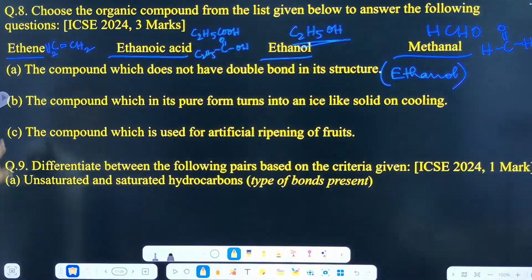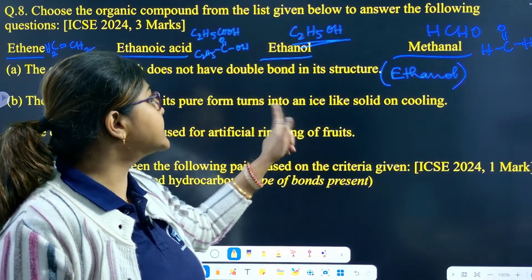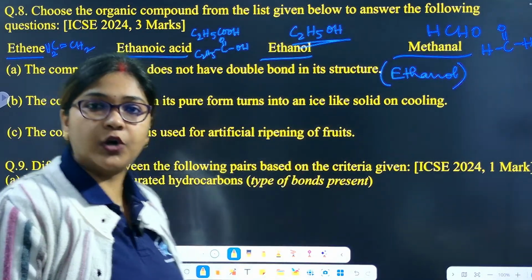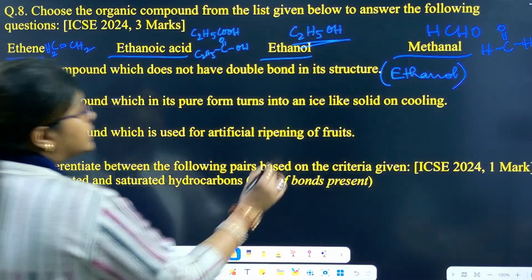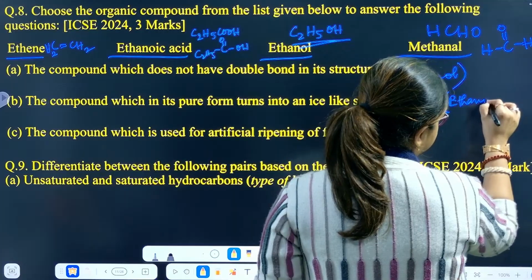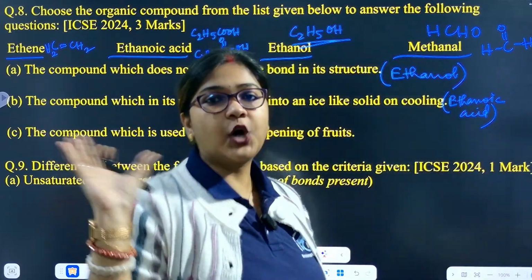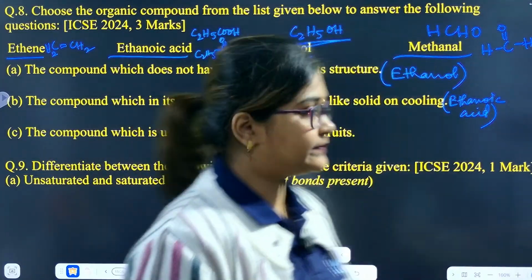The compound which in its pure form turns into an ice-like solid on cooling, this is ethanoic acid. इथेनोइक एसिड अगर तुम इसको कूल करते हो, ये सॉलिड आइस लाइक हो जाता है.